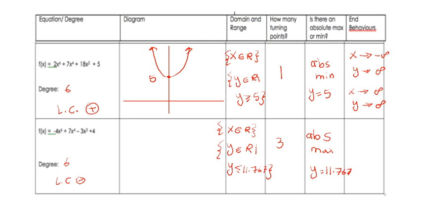And then the end behavior: as x approaches negative infinity, y approaches negative infinity. And as x approaches infinity, y approaches negative infinity. Let's write this down. You'll copy.